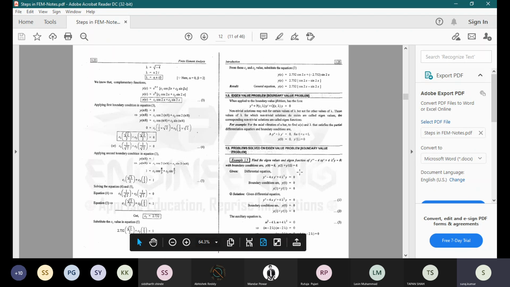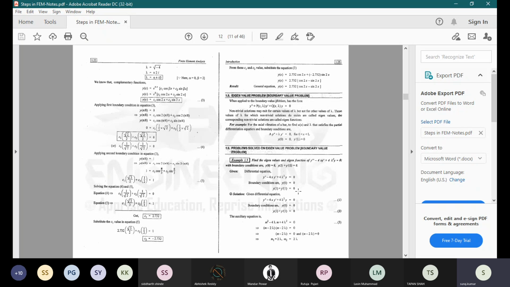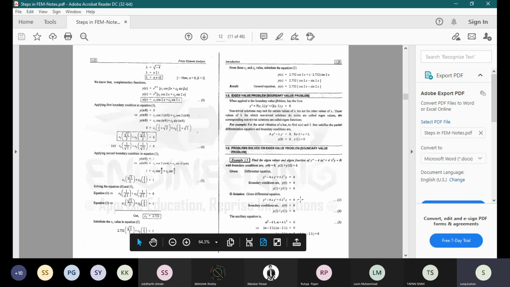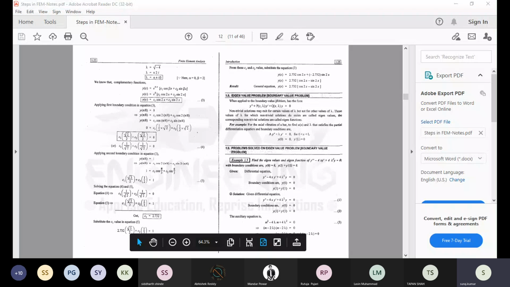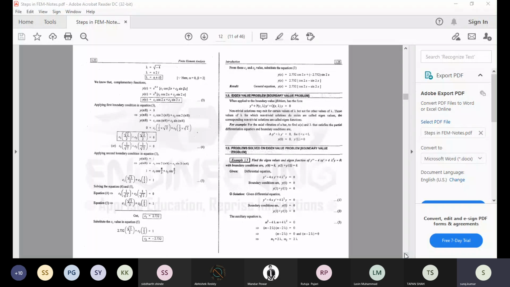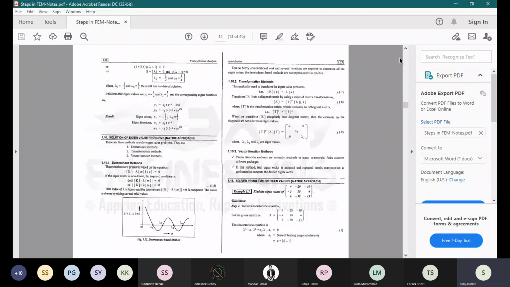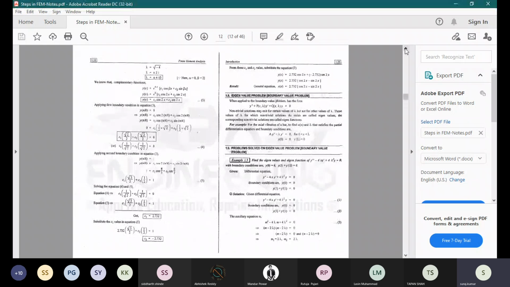So it's an example. We have a question, boundary conditions are given, and we have the auxiliary equations by replacing y in terms of m, where m is the same as the lambda in the previous examples.